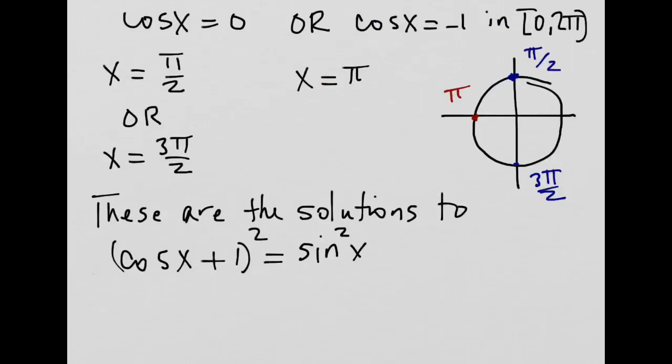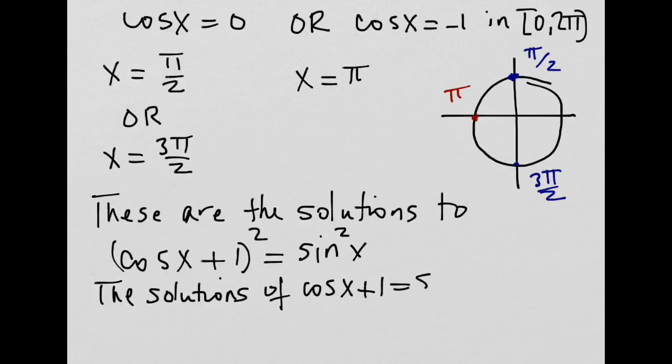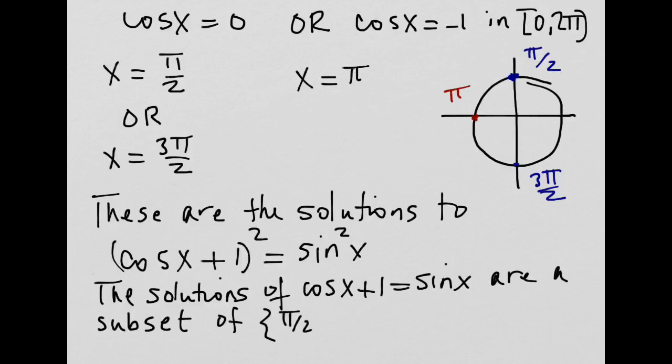But we know that the solutions of our desired equation are a subset of the solutions of the squared equation, namely pi over 2, 3 pi over 2, and pi.